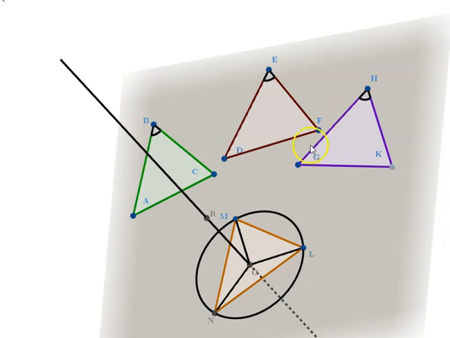And because of this equality, the sum of these angles is equal to the sum of these angles. So since the sum of these three angles is 4 right angles, the sum of these three will also be 4 right angles, which is against our proposition that the sum of these three angles is less than 4 right angles. So which means AB cannot be equal to OL.